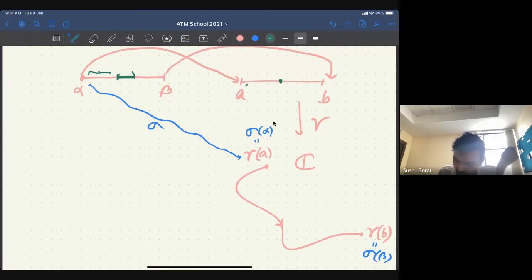So the image of this one and the image of this one will be this. If this happens, then also it's fine. Considering this point equal to that point is good enough. Here also, if you integrate, you will integrate this part and this part.